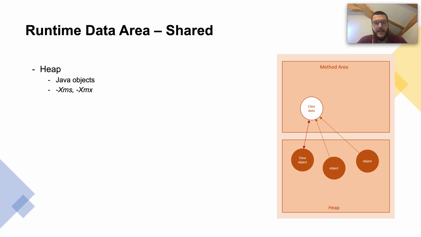So, the heap. When we say the heap, by default we mean the Java managed heap. Java objects are created and stored on the heap, so the instances of the classes that we create with the new operator. When we say an object, we simply mean the instance data given to that object.